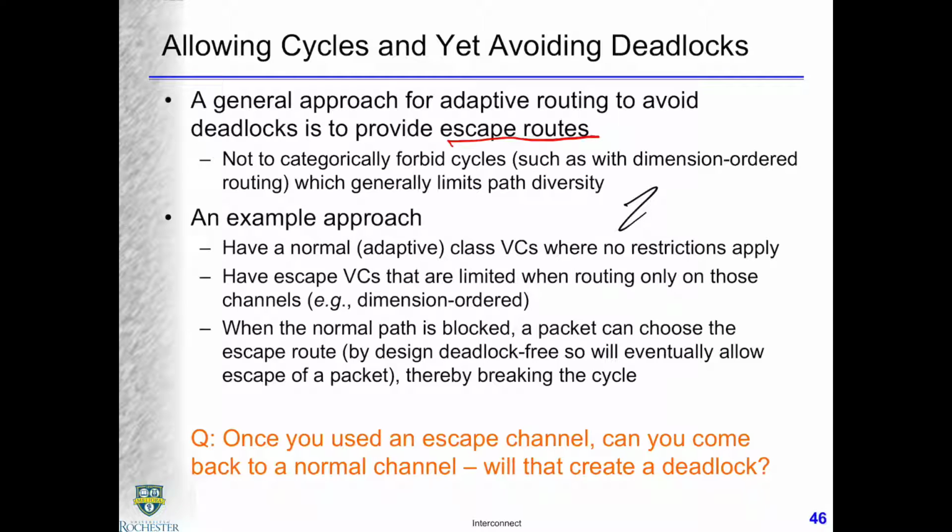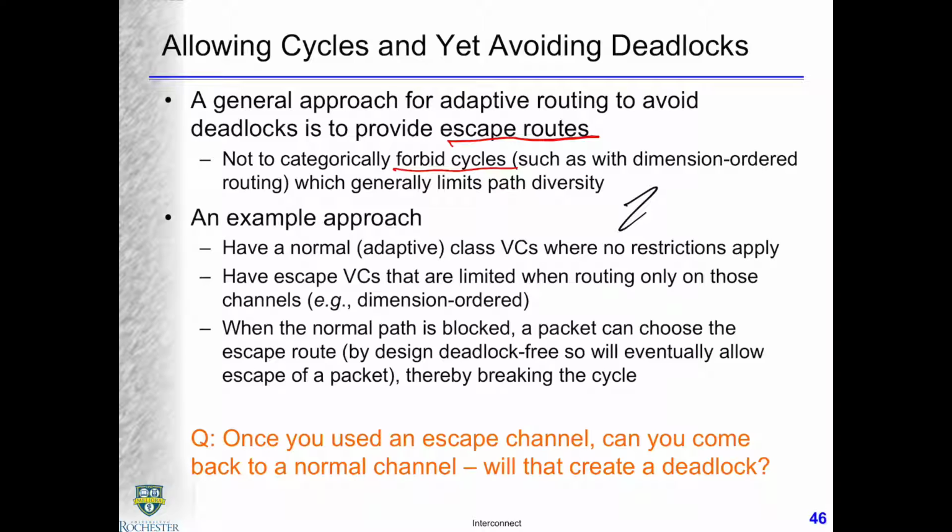So what does this give you? It allows you to not forbid cycles in your regular route. Your regular route, let's just try to maximize performance or whatever you want to optimize and not worry about having deadlocks.